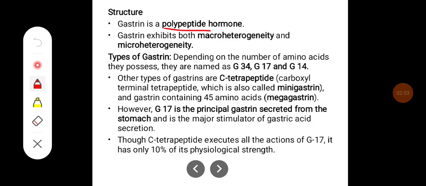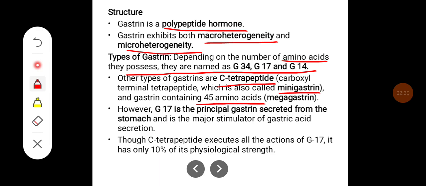Gastrin is a polypeptide hormone. It exhibits both macroheterogeneity and microheterogeneity. Depending on the number of amino acids they possess, they are named G34, G17, and G14. The other types of gastrin are the C-tetrapeptide, that is the carboxyl terminal tetrapeptide, which is also called mini gastrin, and a form containing 45 amino acids, called megagastrin.